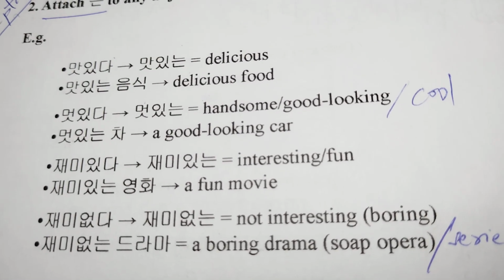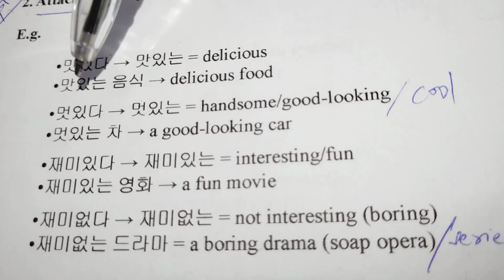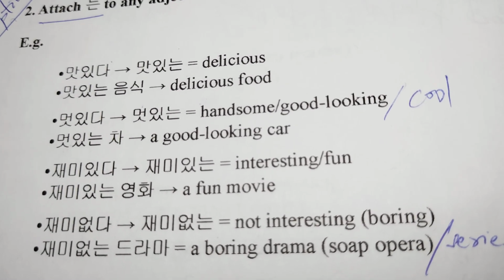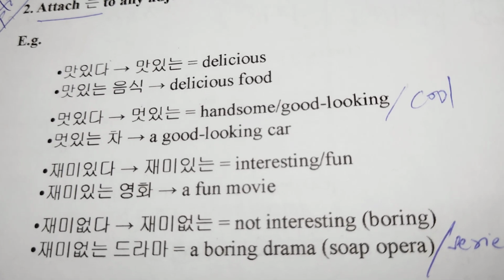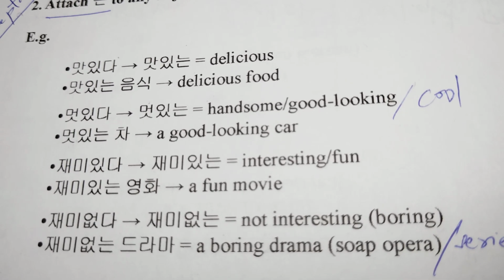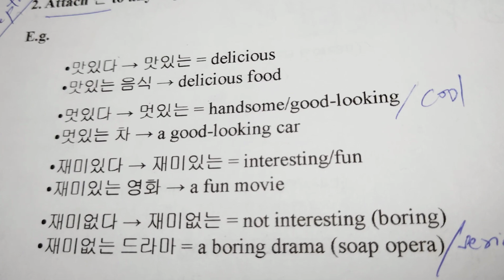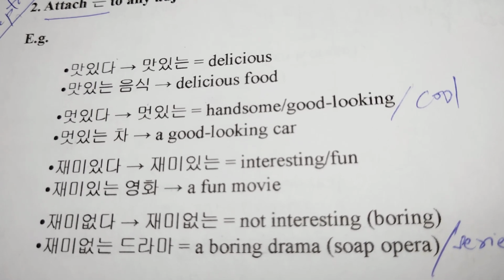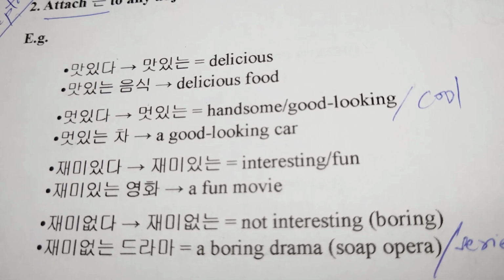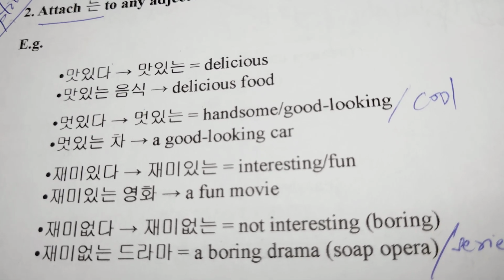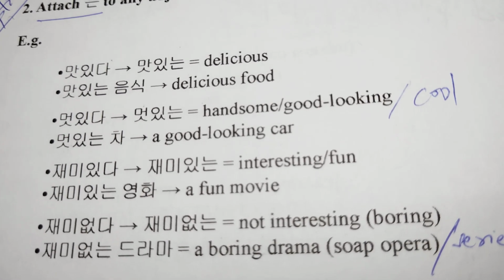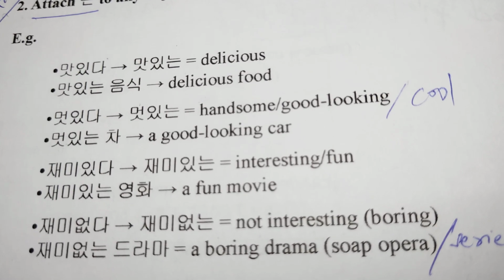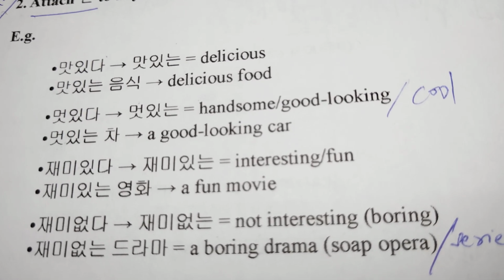재미없다, 재미없는 drama. If you see here, you have itta, opta at the end. Actually, itta means to exist and opta means to not exist. They are opposites of each other, as is very clear. So if you want to say the opposite of a word which has itta at the end, you could just take that itta off and add opta in its place, and that would make them opposites.